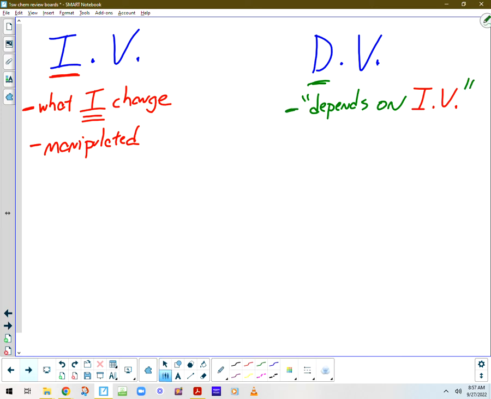This is also sometimes called the responding variable. This is going to be what I observe or measure.